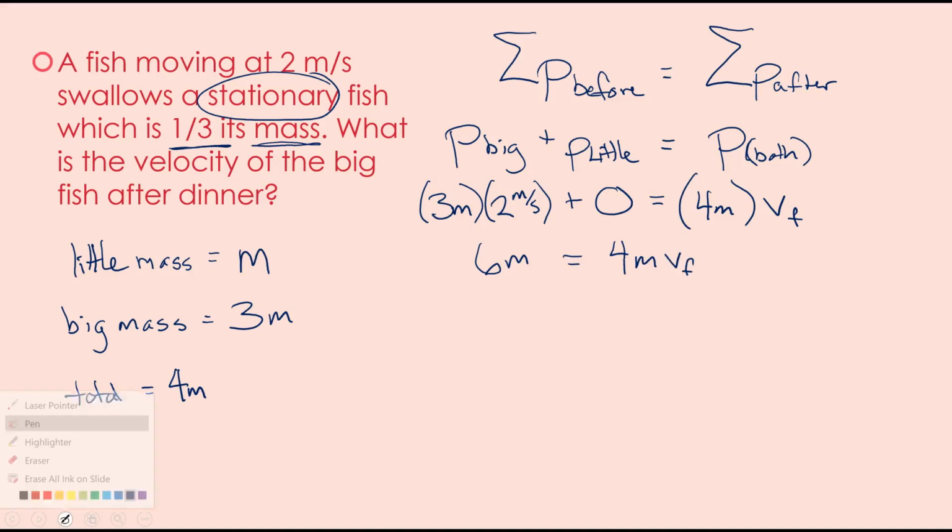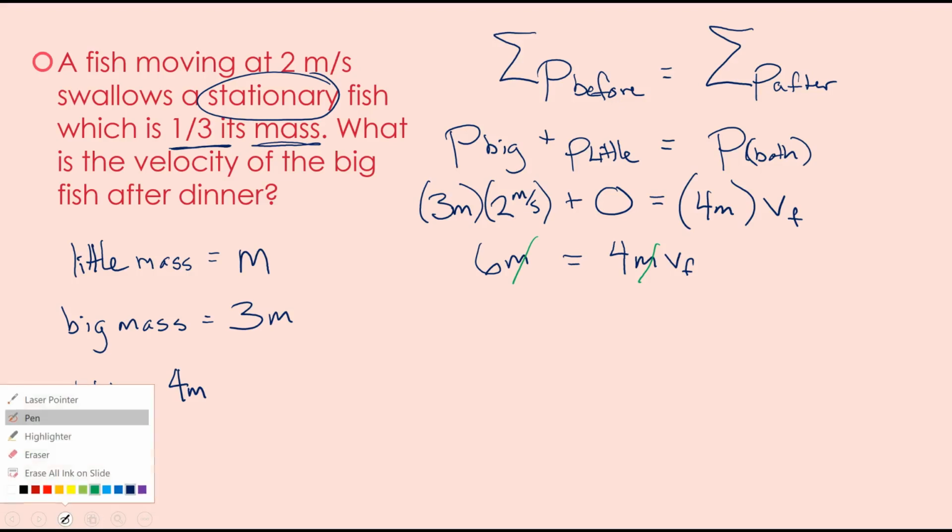And since we have the m's on both sides, the m's actually cancel out. It doesn't matter what the actual mass of these fish are. Those ratios are going to be the same even if we don't know the masses. As long as one is 3 times bigger than the other, we still have the same ratio. So if we want to find VF, that's just going to be 6 divided by 4.